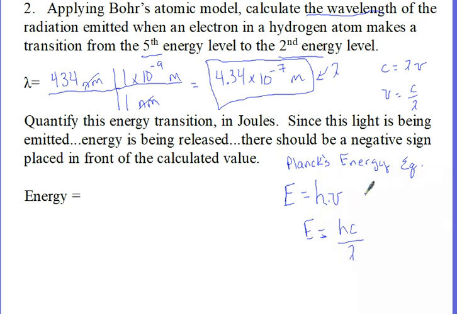So the value for Planck's constant, h, equals 6.626 times 10 to the negative 34, and the unit is joule seconds.